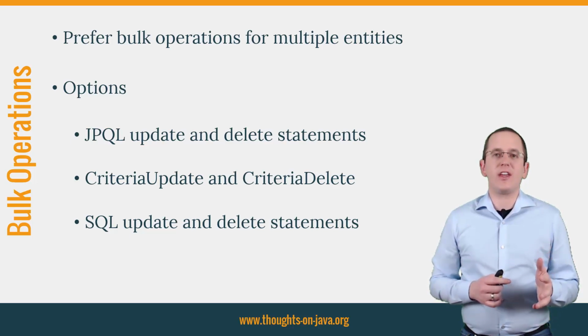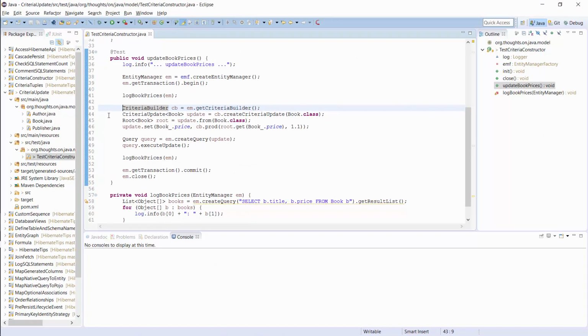So let's get into the IDE and have a look at a criteria update. The definition of a criteria update statement is pretty similar to the definition of a criteria query. Here you can see a simple example in which I increased the price of all books by 10%. I first get the criteria builder from the entity manager and use it to create a criteria update instance for the book entity.